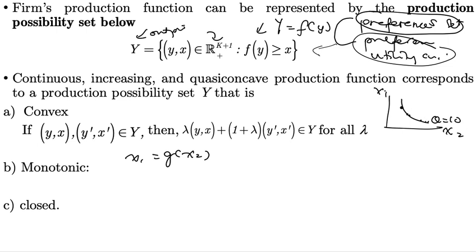Regardless of any bundle here, it gives you 10. Now this is just one type of production function, but the whole thing here is the set. You get what I mean? In the set, you can have many production functions because we can have many preferences. Okay, now let's go back to our objective here.